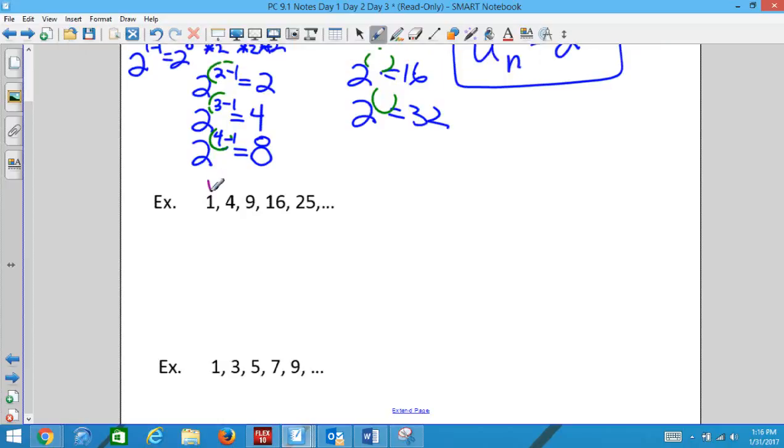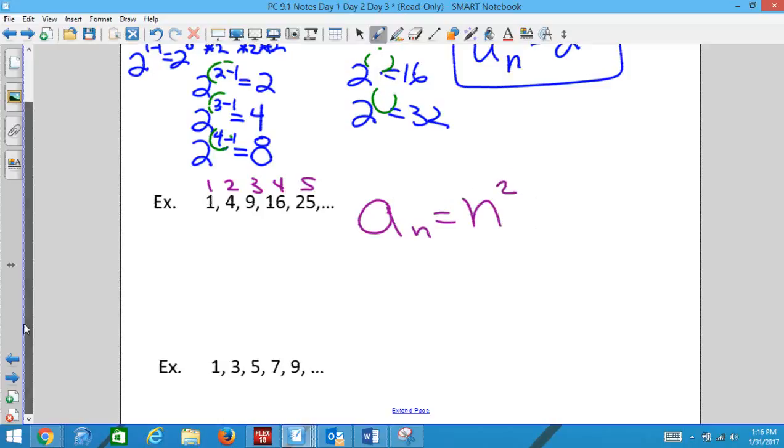All right, so this is 1, 2, 3, 4, 5, and when you look at that, you're just taking the n and squaring it. Okay, how about the next one?